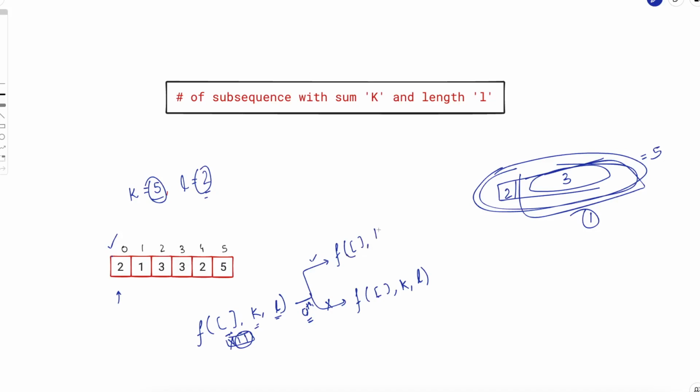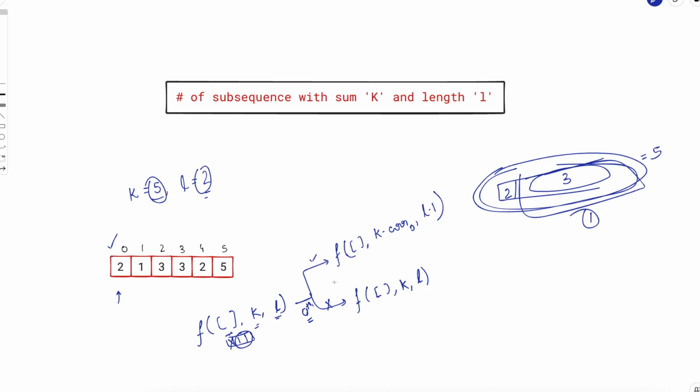This time the sum you want is k minus array of 0, and the length you want is l minus 1. The exact sum you wanted was k, but you have taken the first element, so the remaining sum would be k minus array of 0. The length you wanted was l, and since you have taken one element, the number of elements you can take now is l minus 1.